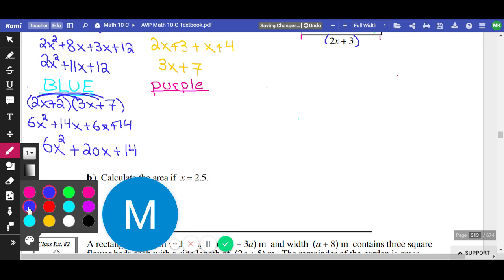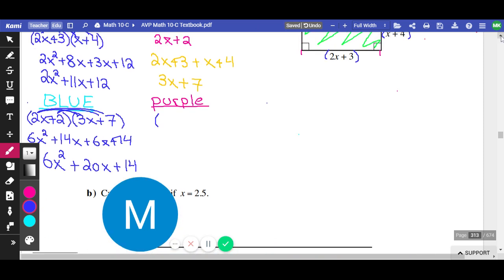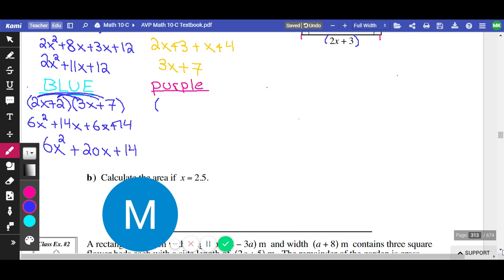We would do base, which was x plus 2, is that what it was? Thank you. Times height, which was 2x plus 2. And we would divide it all by 2. So it would look like that.